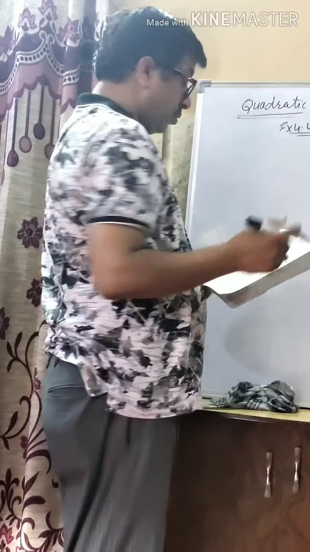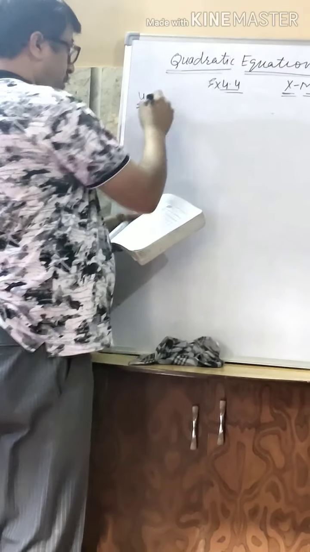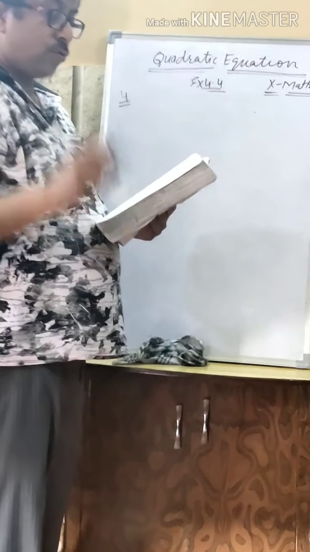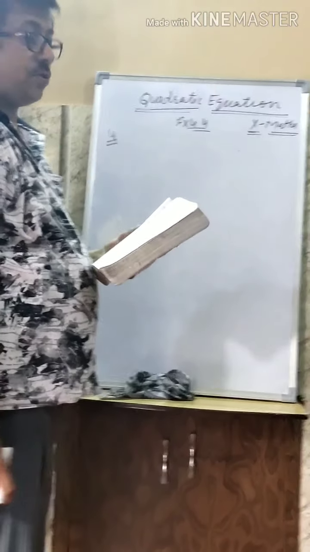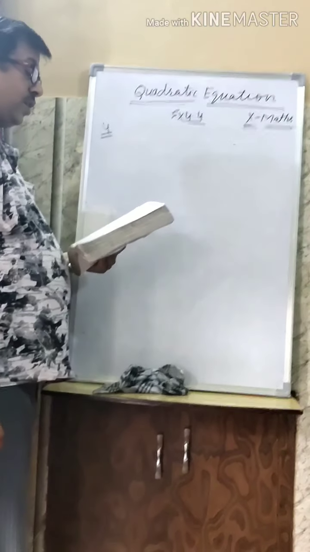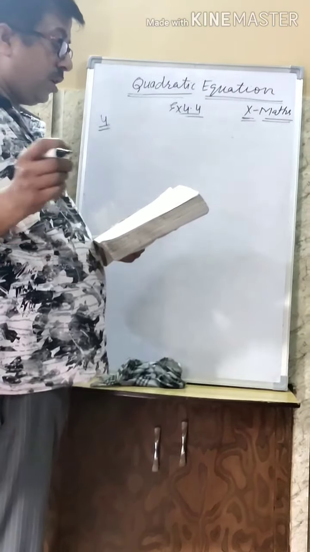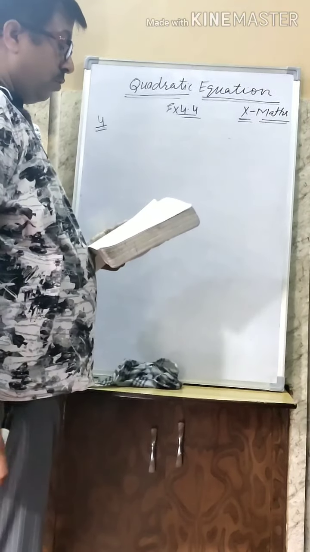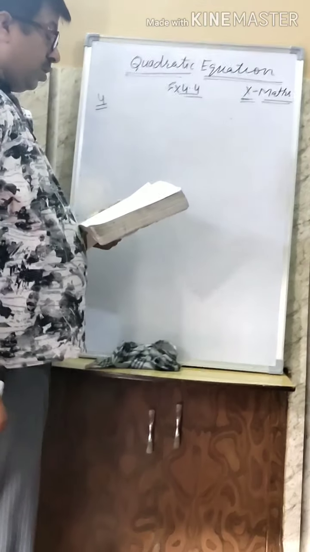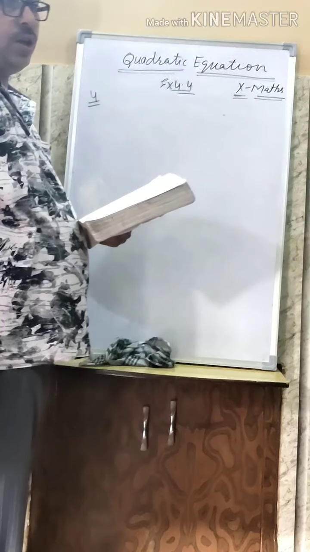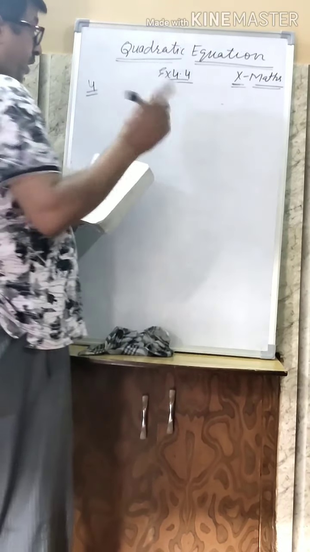What is given? The sum of the ages of two friends is 20 years. Four years ago, the product of their ages in years was 48. So two friends are there.